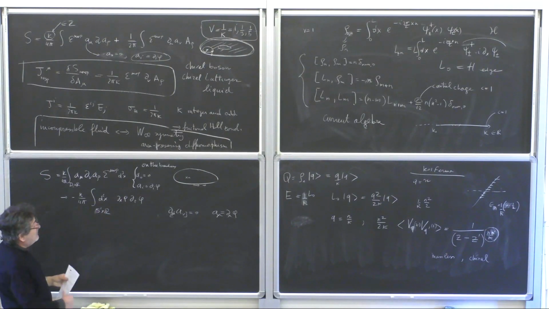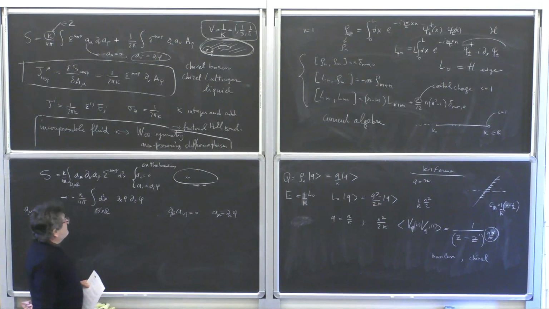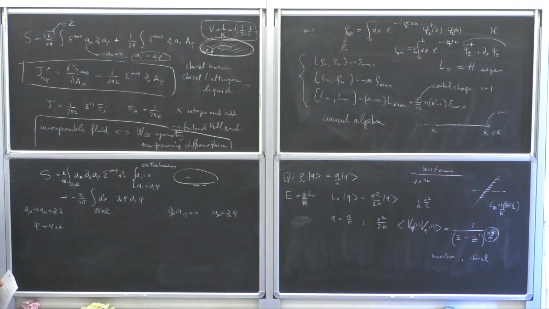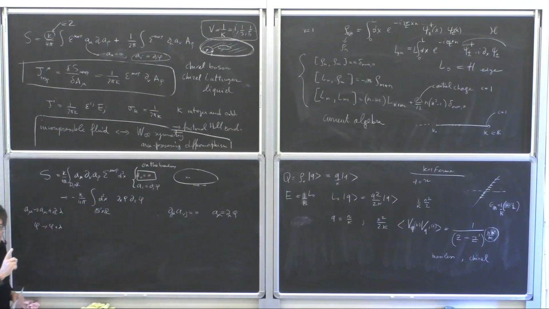So you do an extra gauge transformation. You say A_mu goes into A_mu plus d_mu lambda, and phi goes into phi plus lambda on the boundary, in such a way that the combination of bulk and boundary is gauge invariant. That's another possibility. Okay, so this is plus this gauge condition on the boundary. So there is anyhow a gauge condition to be put on the boundary.